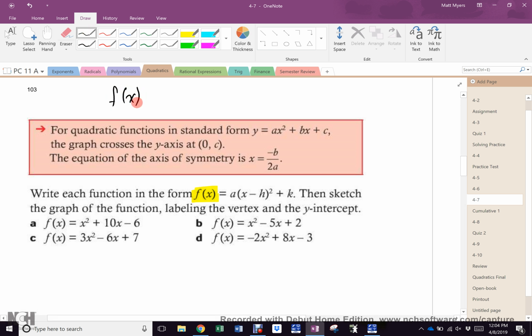F of x is our output, which means it is a y value. The only reason we go to f of x is because we're not always using x's and y's. Everybody cool? We all remember how to read that, right?